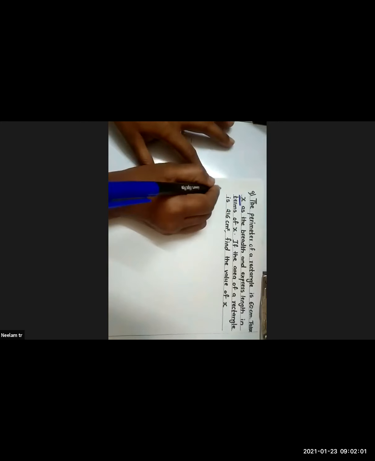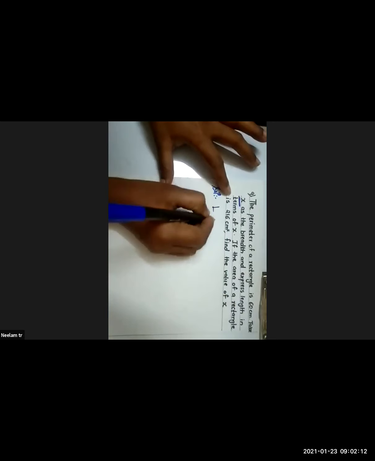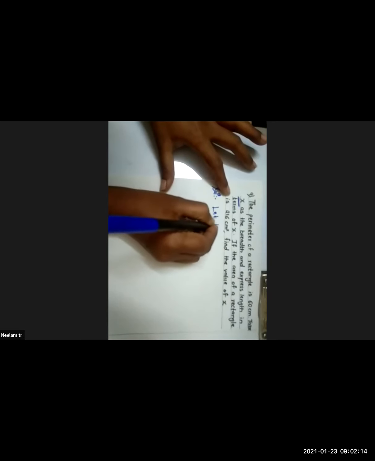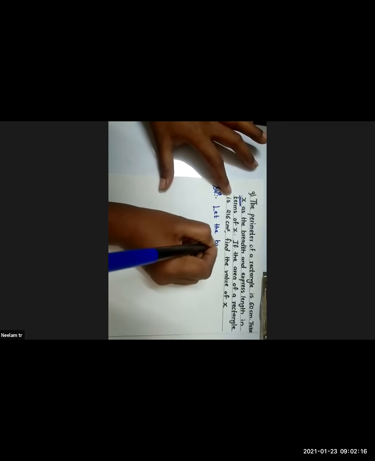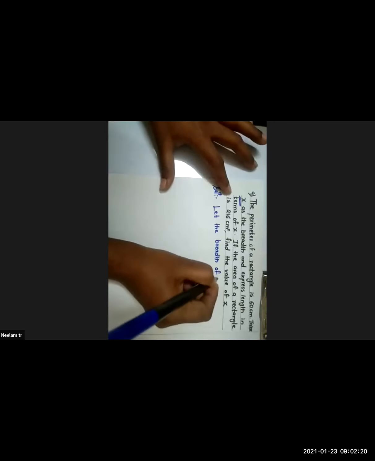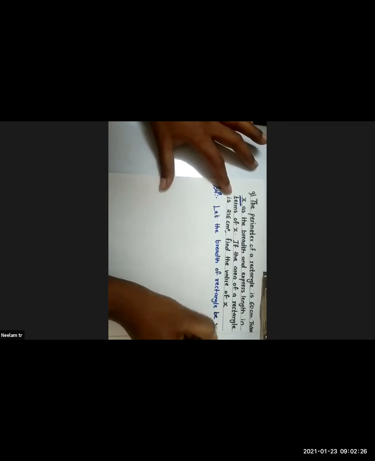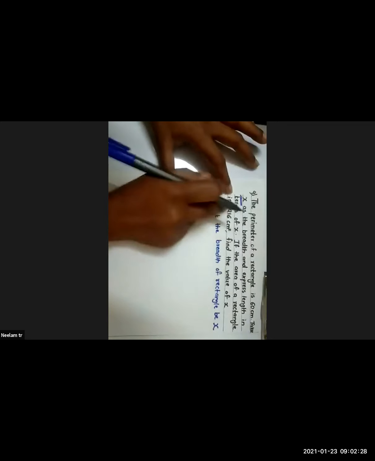So, solution. Let the breadth of the rectangle be x.